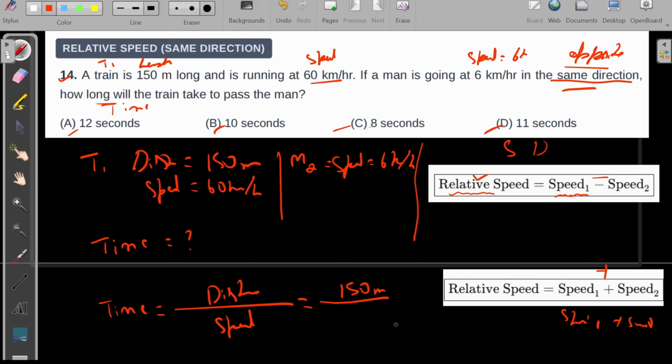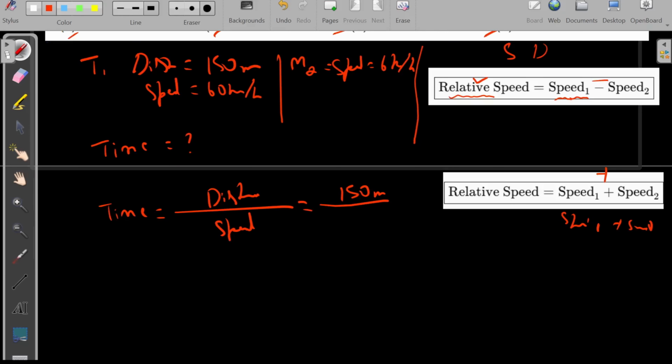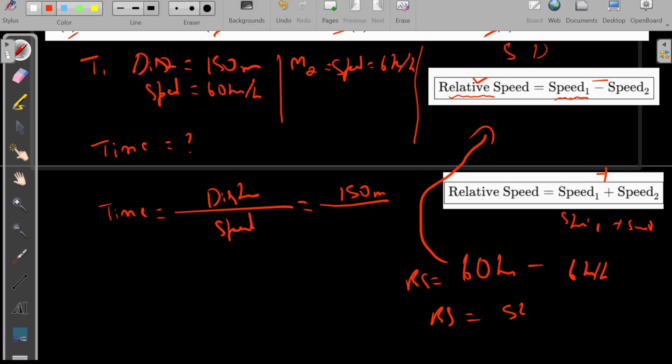So we need to change their unit from kilometer per hour to meter per second. So speed of the train is 60 kilometer per hour minus 6 kilometer per hour of the man. Now the relative speed would equal 54 kilometer an hour.